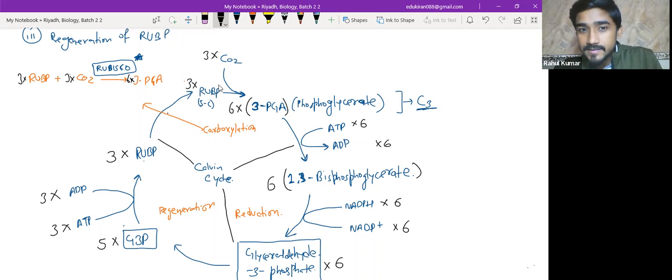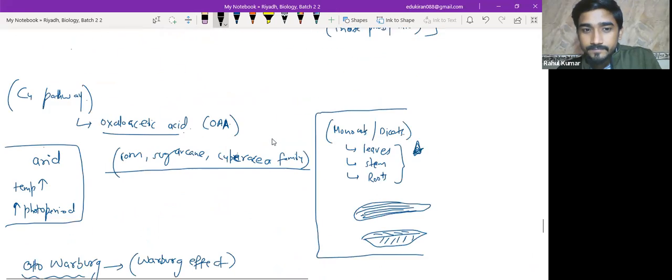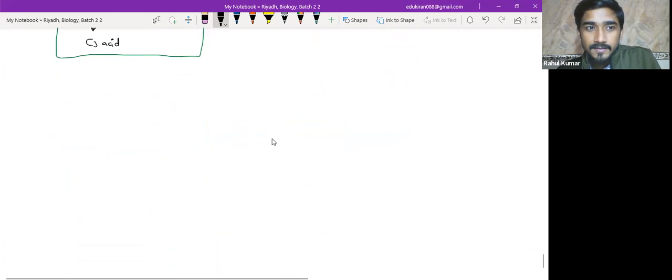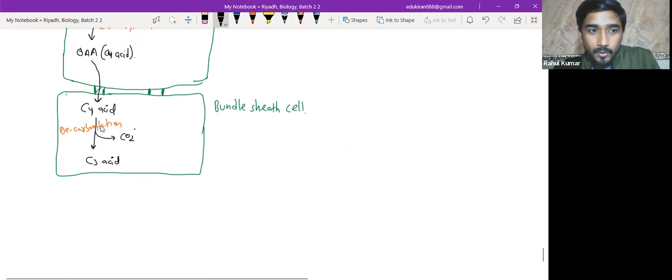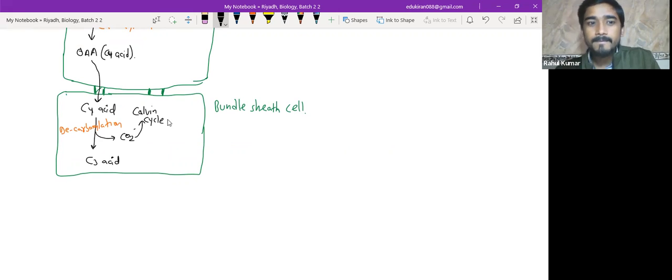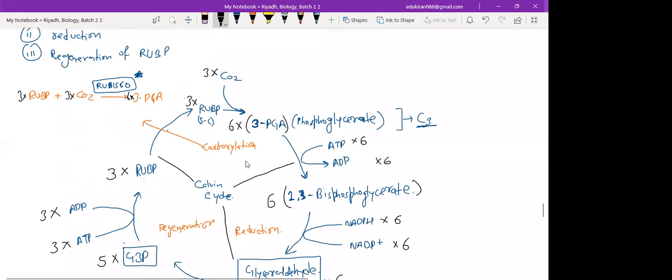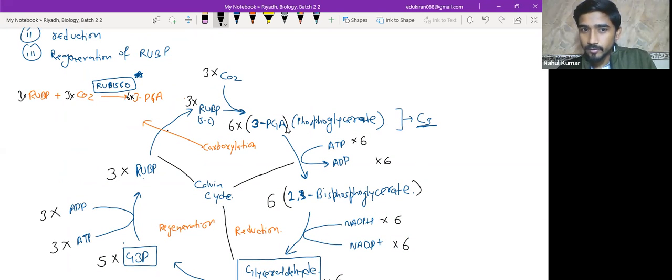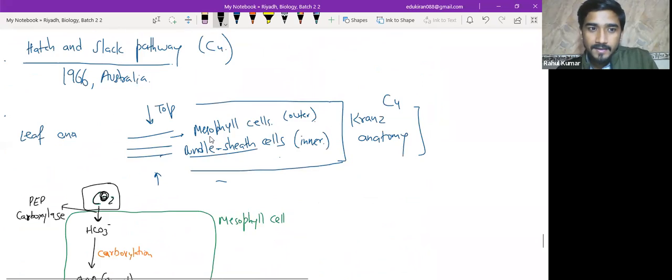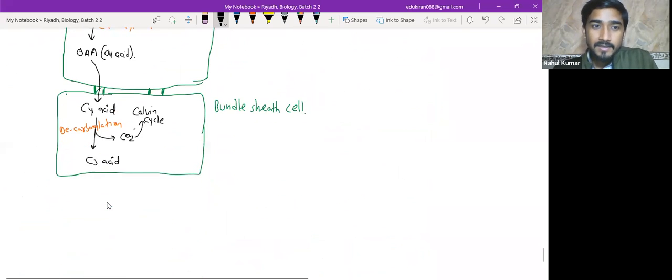So it got utilized, and here this CO2 which came out from decarboxylation can now go and get utilized in the Calvin cycle. Remember, the Calvin cycle is common in both, which is this. So this whole thing that I have taught you before is happening in C4 also, in the bundle sheath cell.